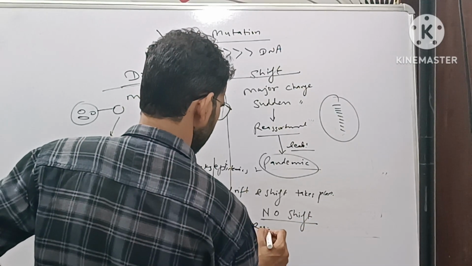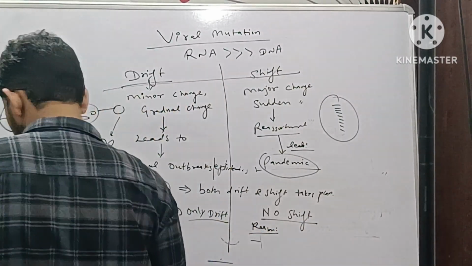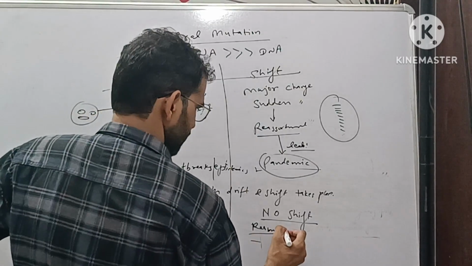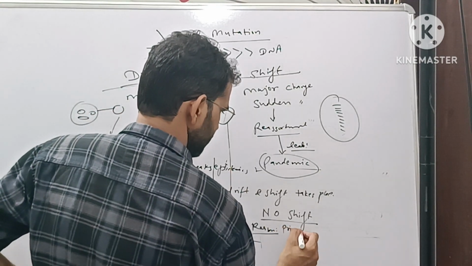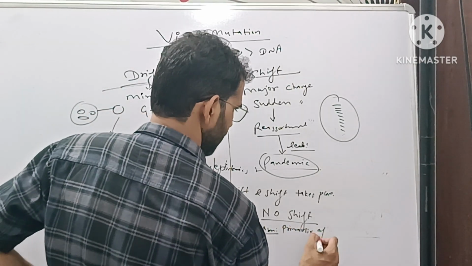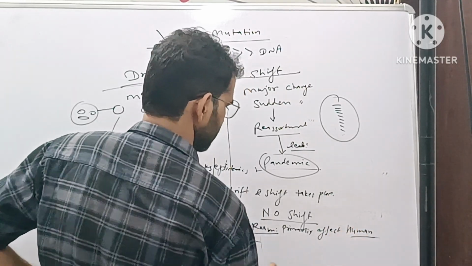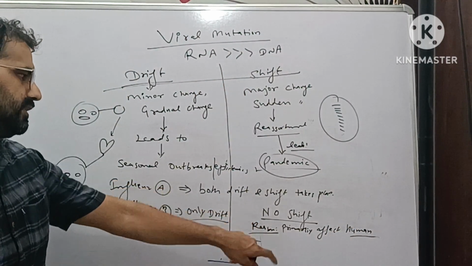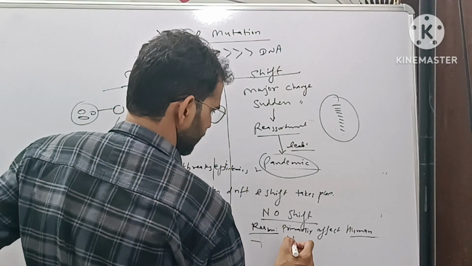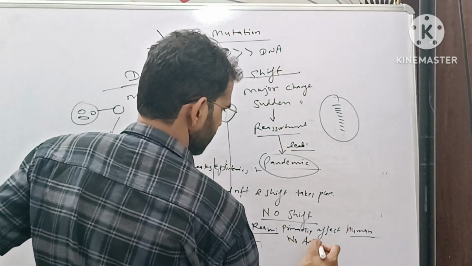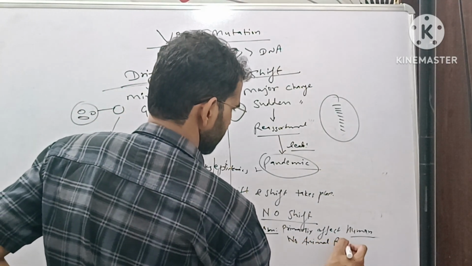What is the reason for this? Because influenza type B primarily affects humans. They have no animal reservoir.